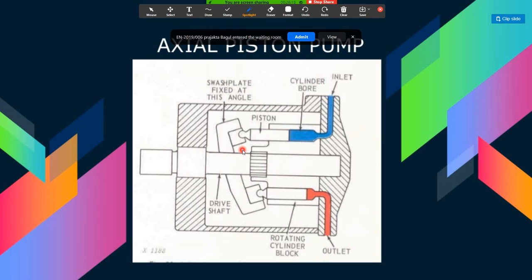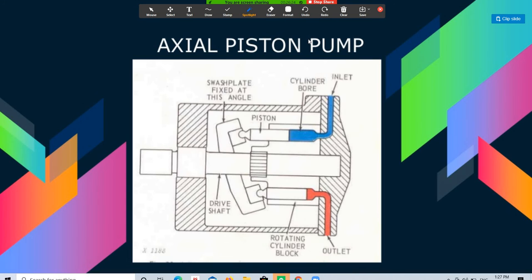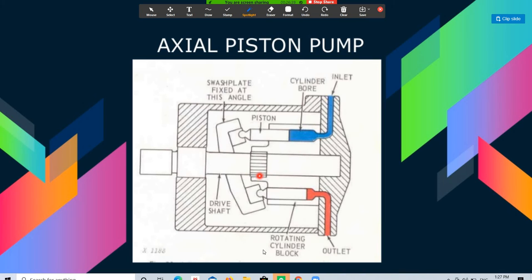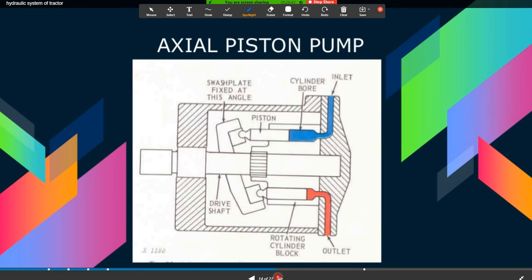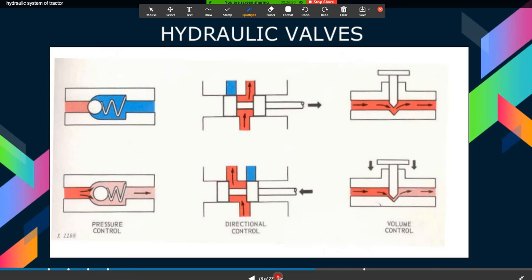The wobble plate is so designed that its action forces each piston in turn down its respective cylinder, thus directing the trapped oil to go out of the outlet valve. This is the axial piston pump again.